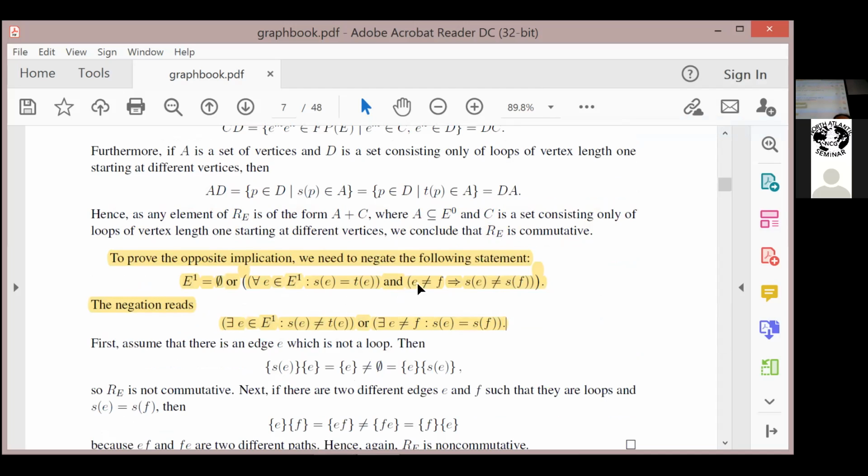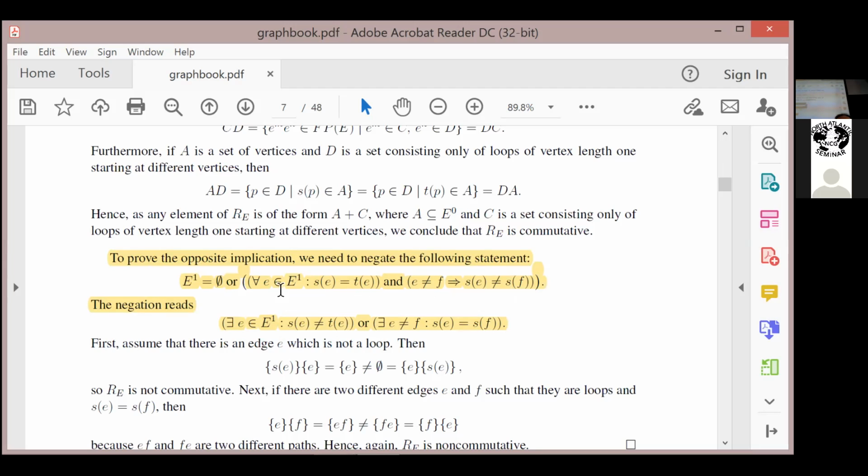To prove the opposite implication, we have to negate the statement that E1 is empty, or each edge is a loop starting at a different vertex. That's exactly what we said in the proposition, but now written in symbols. So either E1 is empty, and if it's not empty, then it consists of edges that are loops starting and ending at different places. Okay.